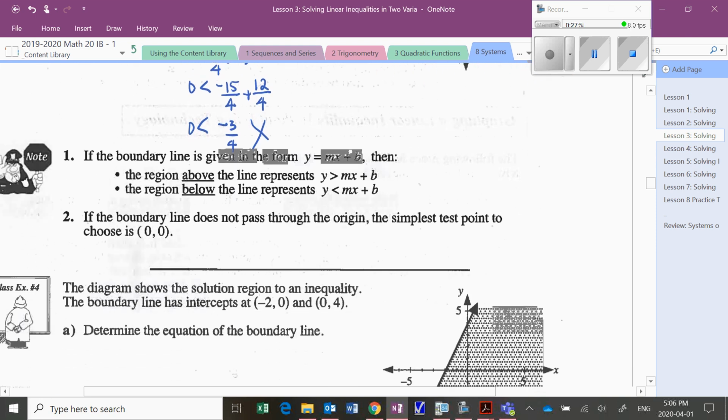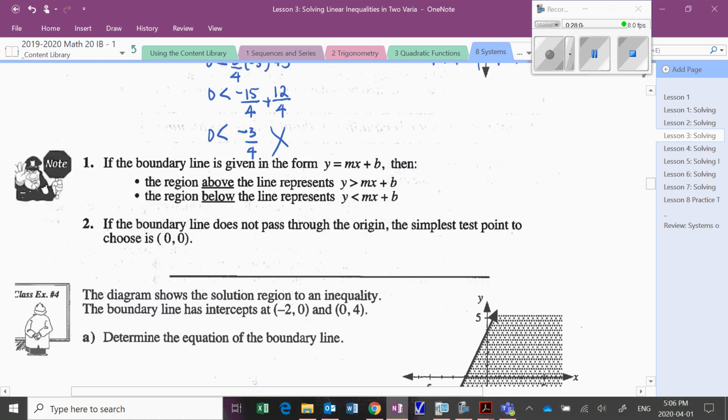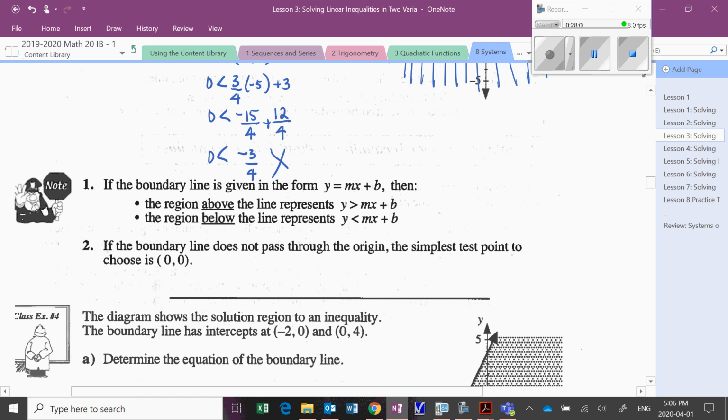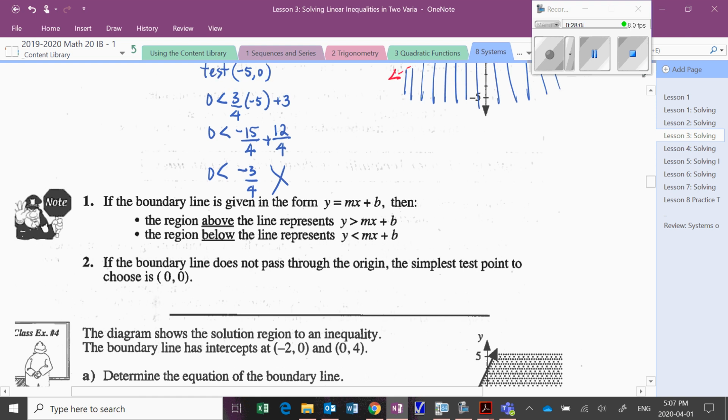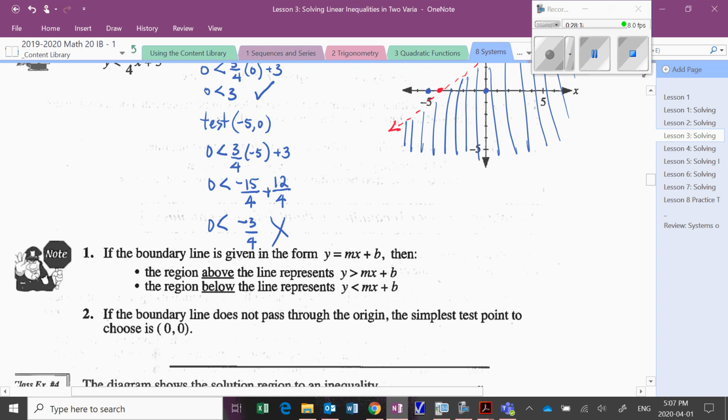So the little note that it says here, if the boundary line is given in the form y equals mx plus b, then the region above the line is y greater than mx plus b. The region below the line is y less than mx plus b. And then the simplest point to test is always going to be the origin, of course. So this piece here, certainly, you could go ahead and memorize it.